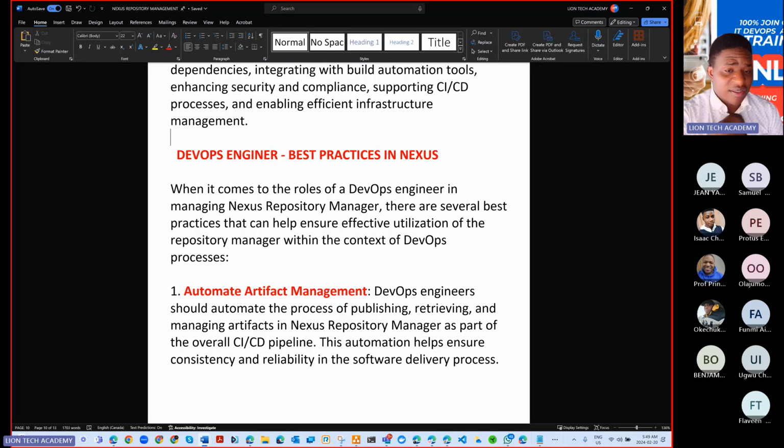They have no idea what the DevOps person should be doing, right? And then they bring you in as a subject matter expert. So you come back to your documentation, or you come back to LionTech and say, hey, this is what I'm working on. I don't know how to proceed. What should I be doing? And we are going to guide you, or of course, the documentation as well is going to guide you.